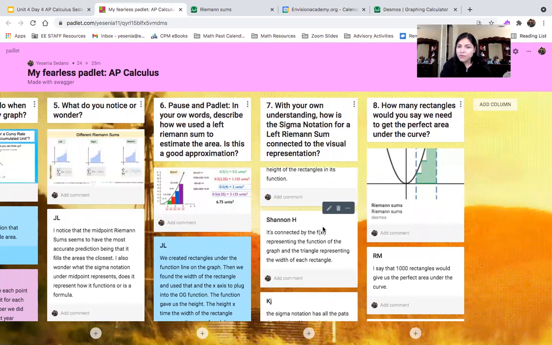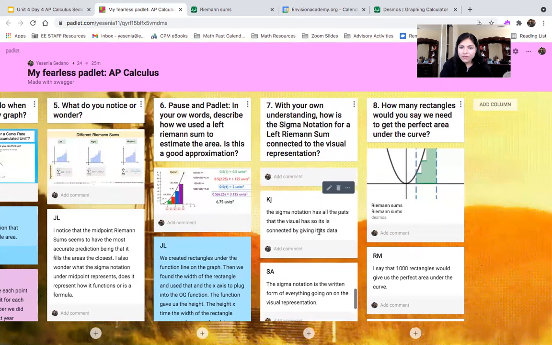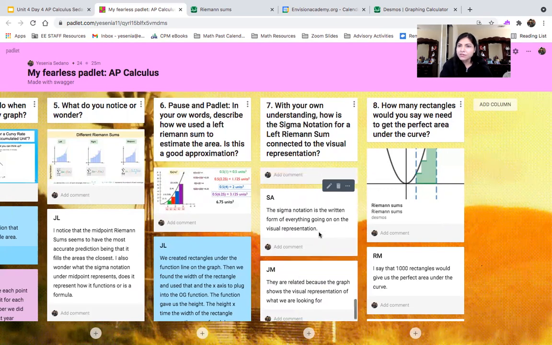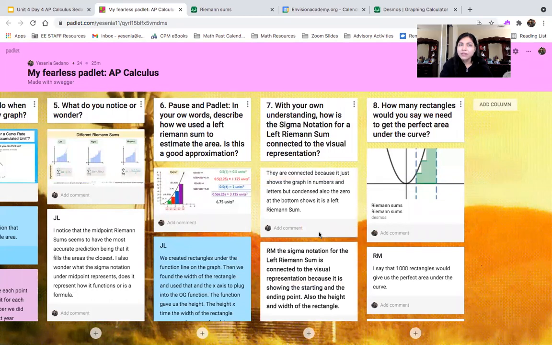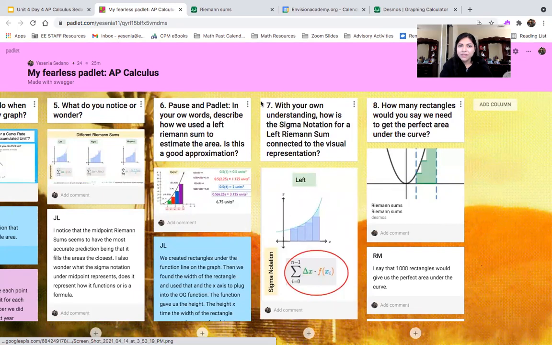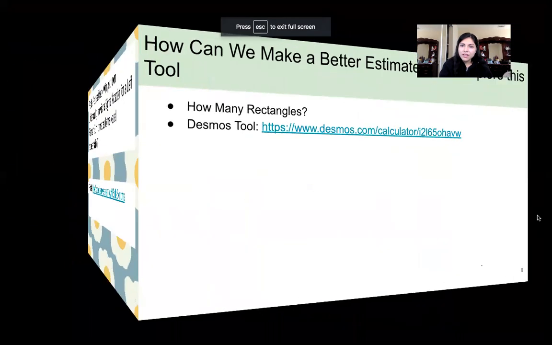And a lot of you are perhaps bringing in the subscript notation, which is even nice. So a lot of you are making those connections, and we're able to answer that essential question: how is sigma notation related to Riemann sums? A lot of you are making that connection. Amazing.